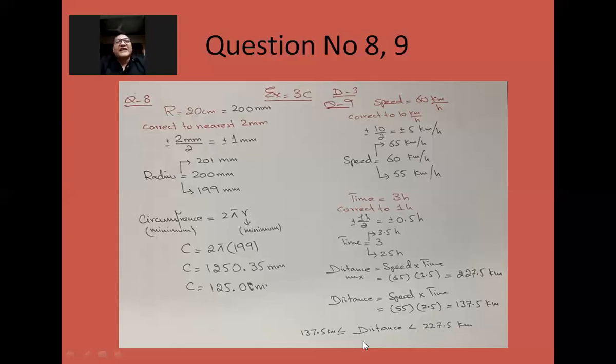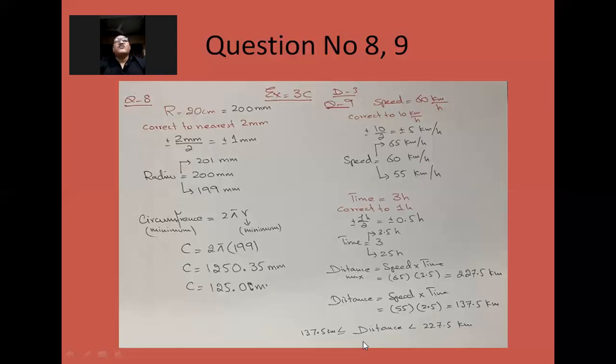If you want the maximum distance, the maximum speed should be used and the maximum time should be used. So the upper bound of the speed is 65, and the upper bound of the time is 3.5. So 65 multiplied by 3.5, that will be 227.5 kilometers.